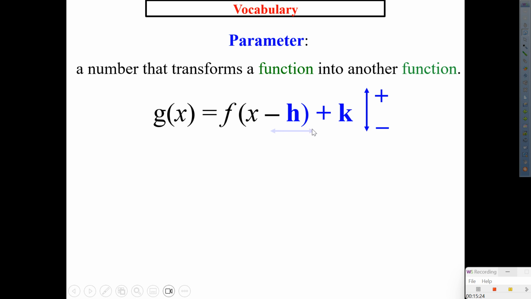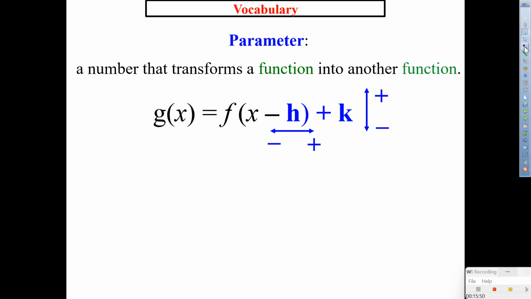And then to move it to the right, it should be a what, everyone? Yeah, it's gonna keep the negative, but we substitute a positive value in there. So put a plus like so, and I'll show you right now. And then to move it to the left, it's a negative.